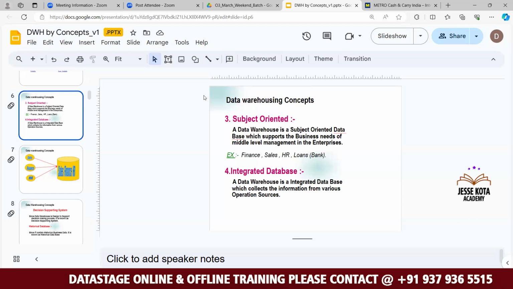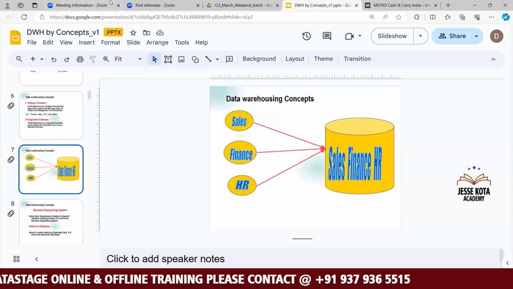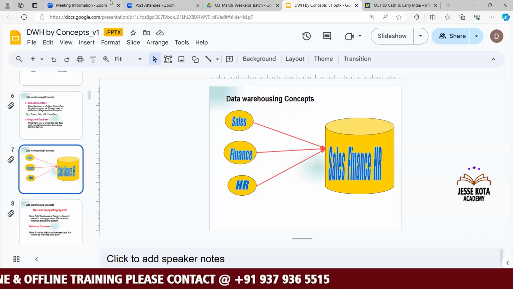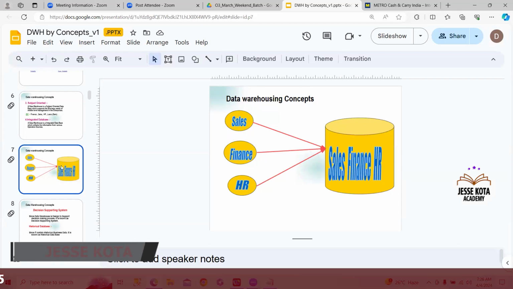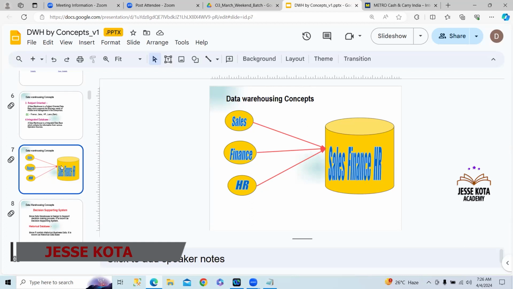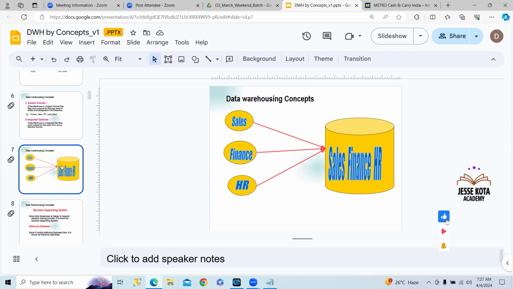Another approach is that we integrate all the data: sales transaction entries, financial transactions, and HR. So what is HR? Normally Indian IT companies like Infosys, TCS, HCL, Tech Mahindra have more than 2 lakh employees working in the organization.